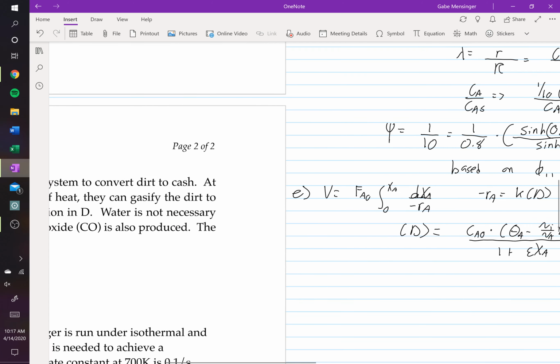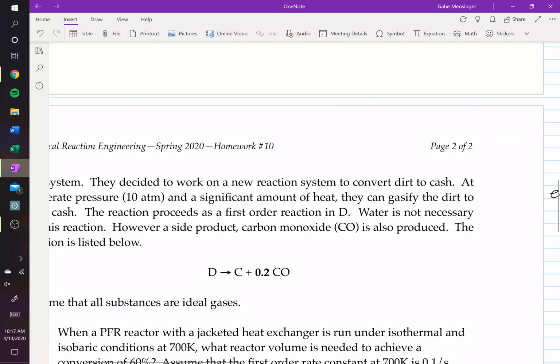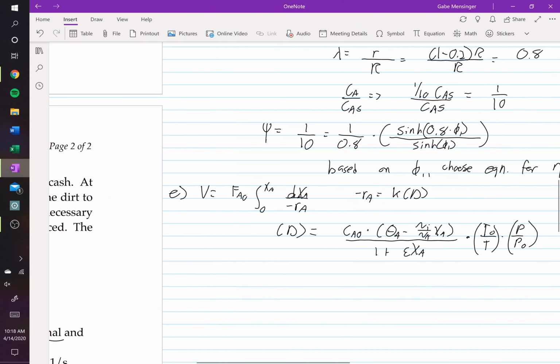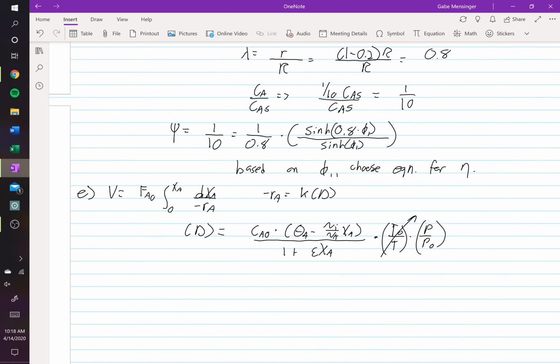We are told for this particular step that we're isothermal and isobaric, so that term goes to 1, that term also goes to 1. Again, that little subscript A is just signifying the limiting reactant. In this case, D is the only reactant, so it's by default limiting, which makes theta_A equal to 1, and this ratio of the nus also equal to 1.